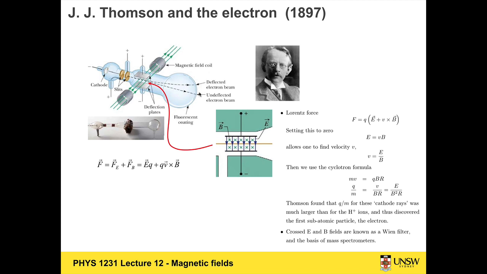And using the cyclotron formula, Thomson could figure out the so-called ratio of charge to mass. He was expecting H plus ions, that is protons, and he found another particle that had a much larger Q over m because the mass of electrons is much smaller, and that's how he discovered the electron. And of course, this type of crossed E and B fields is known as a Wien filter, and that's how some mass spectrometers work.